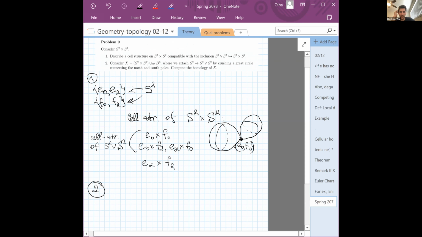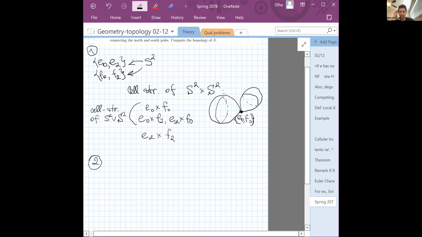I referenced Hatcher and gave the specific name and probably not the page number, but the section. And I think I got some points. It was some problem that had to do with the Hawaiian earring. It was part of my incomplete solution. I didn't know how to do it fully, so I said some correct stuff and then I gave the reference. Okay, nice. And I think I got some points.